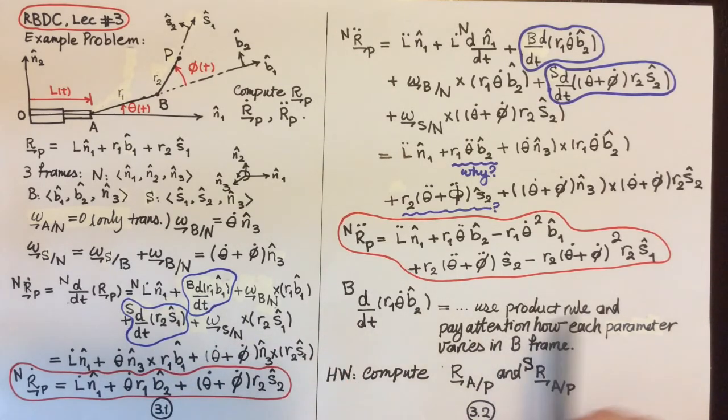The next step to compute velocity and acceleration, because I'm using secondary frames and I'd like to relate the time differentiation in one frame to another, is that if you recall from our fundamental relationship, we always need the omega. Omega is the vector describing the rotation of your secondary frame with respect to your primary frame.